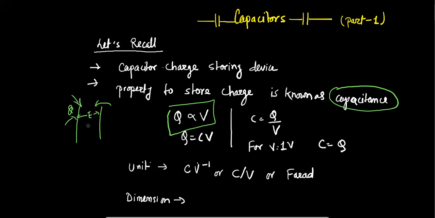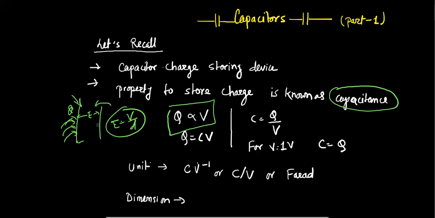And due to this electric field there will be a potential difference, because electric field equals V by d, we know that. So as we increase the amount of charge on the plate of a capacitor, that will increase the amount of potential difference.